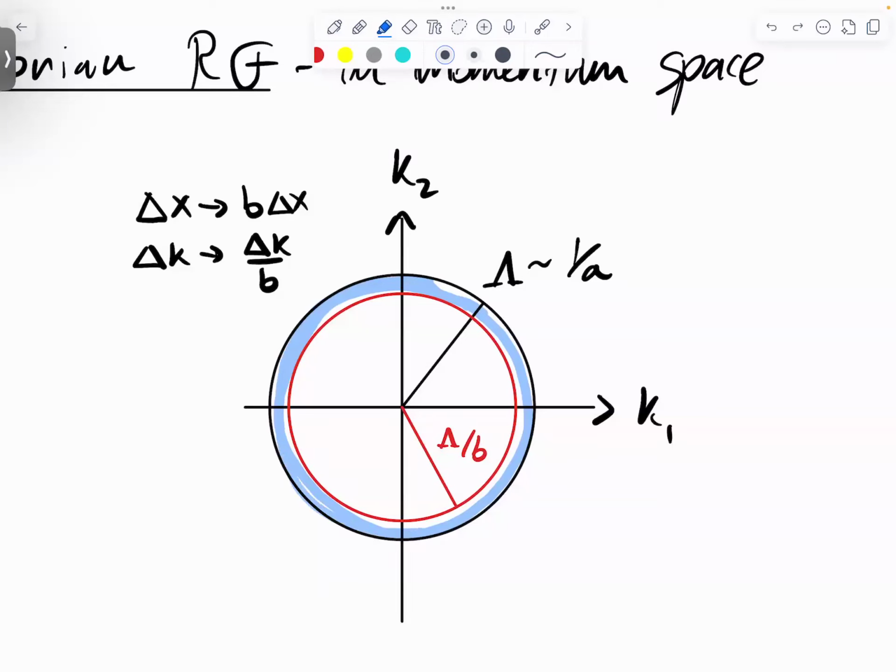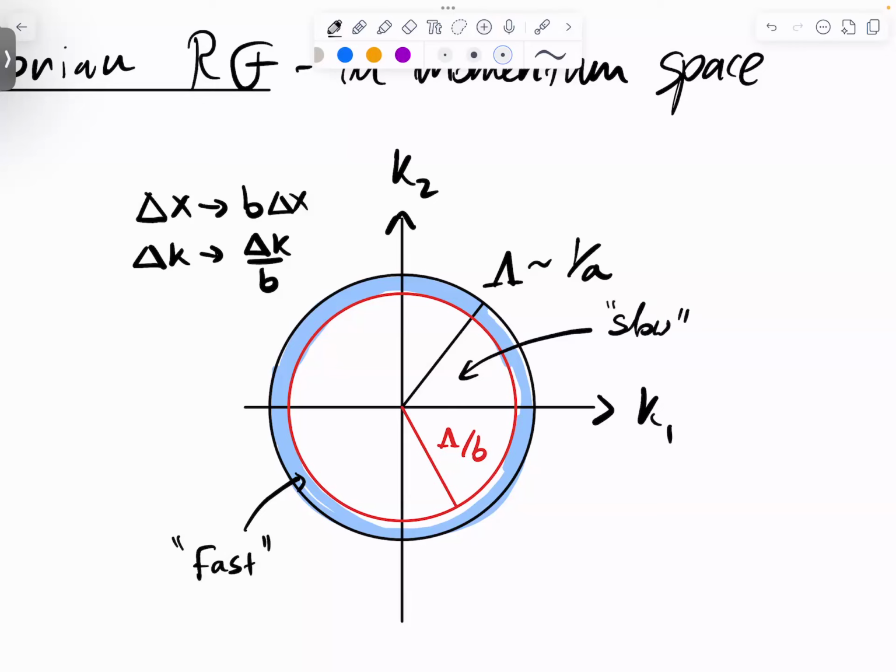This ring of states is what we're going to call fast modes. So everything in here we call fast, and everything in here we call slow.